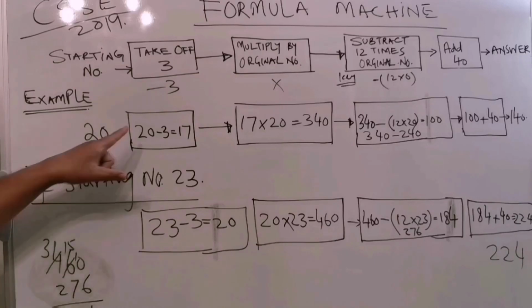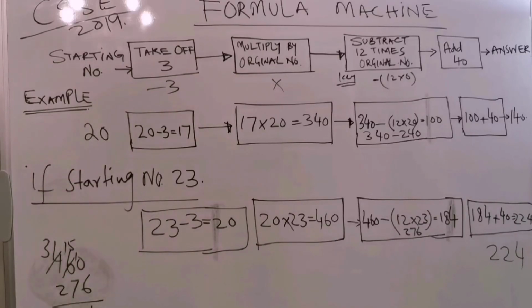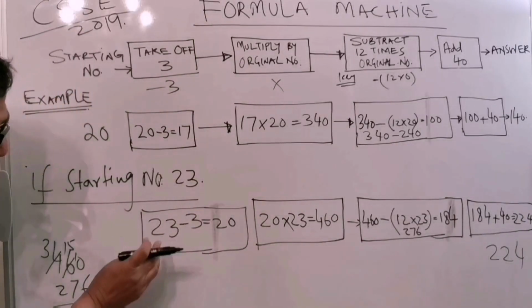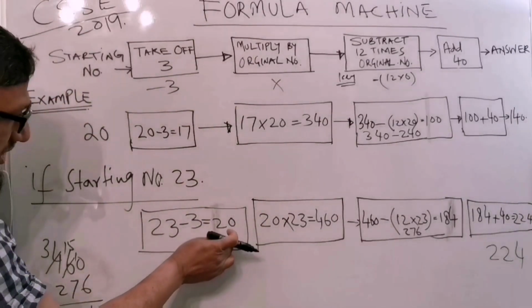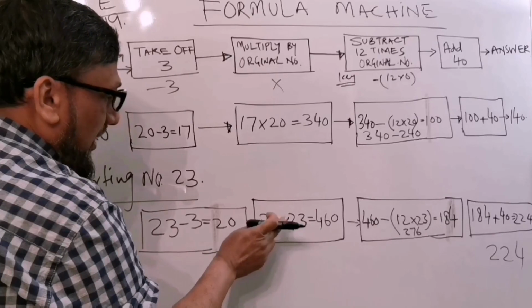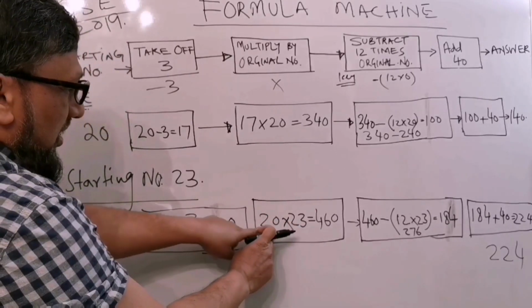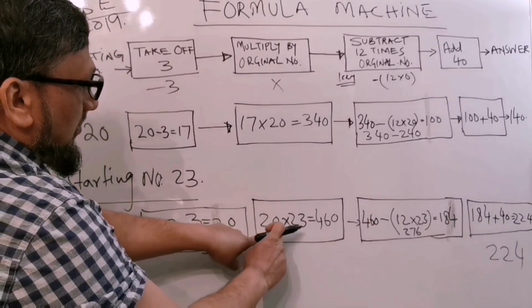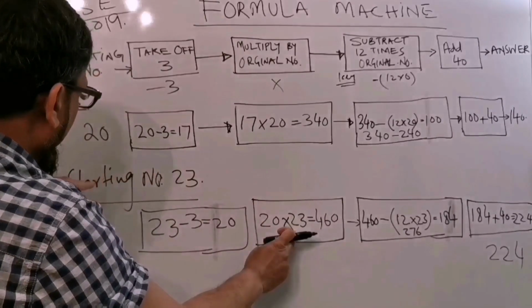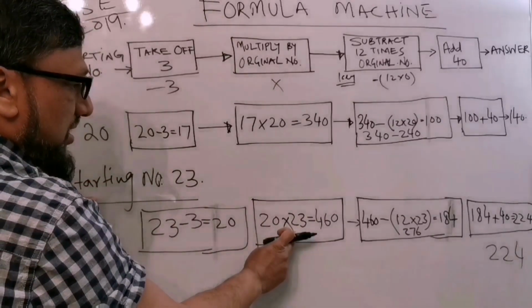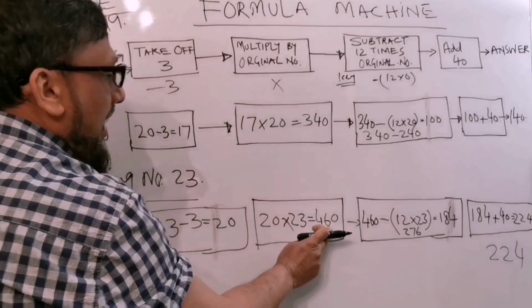So first you subtract 3: 23 minus 3 is 20. Then you multiply 20 by the original number 23 to get 460.